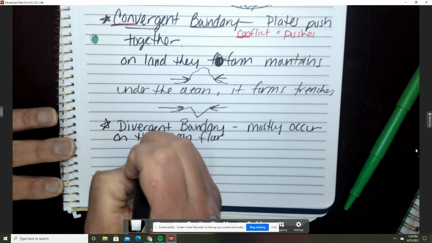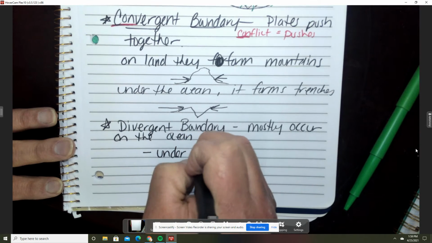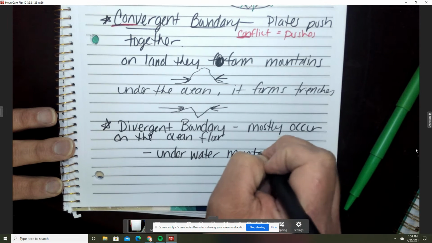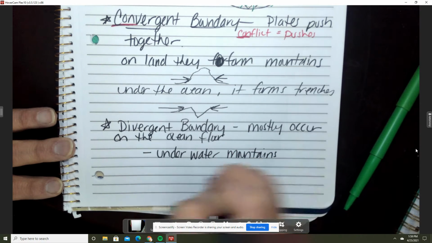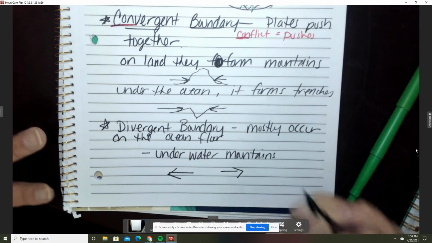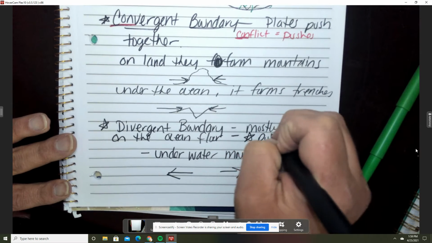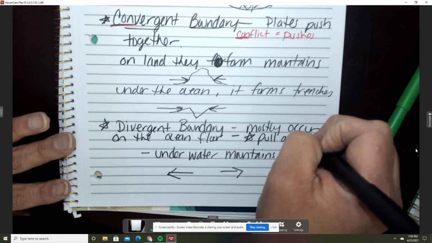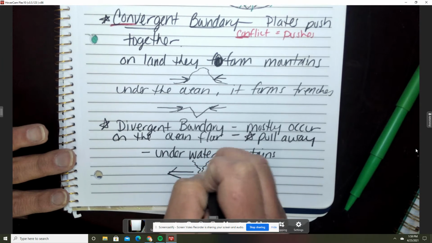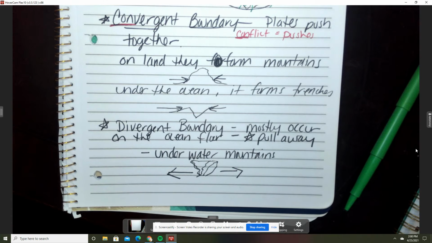So the divergent, they pull away from each other. So the magma comes out and creates this mountain.